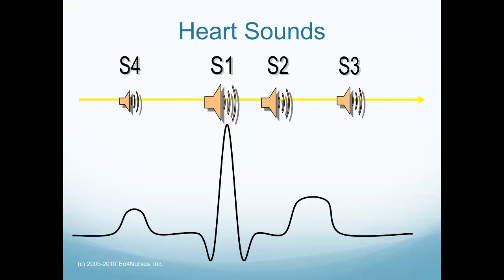S1 and S2 are the normal ones, lub dub, lub dub. Let's talk about where those come from so that you have a better idea as to why you're hearing lub dub. When the heart contracts, it starts at the atria. So the atria contract before the ventricles contract. This is actually kind of a good thing.